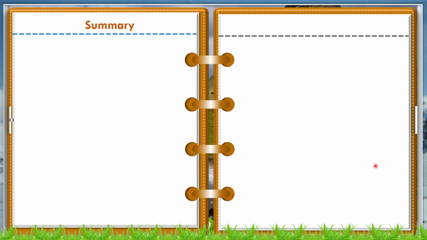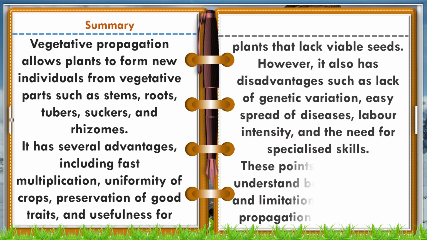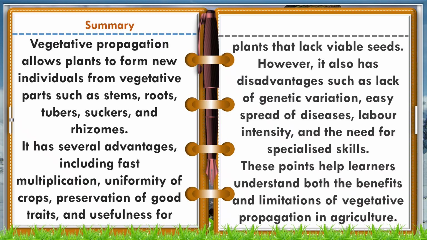Summary. Vegetative propagation allows plants to form new individuals from vegetative parts such as stems, roots, tubers, suckers, and rhizomes. It has several advantages, including fast multiplication, uniformity in crops, preservation of good traits, and usefulness for plants that lack viable seeds.